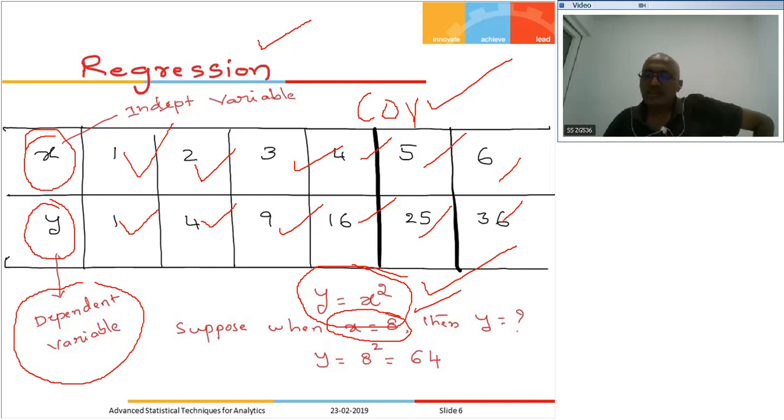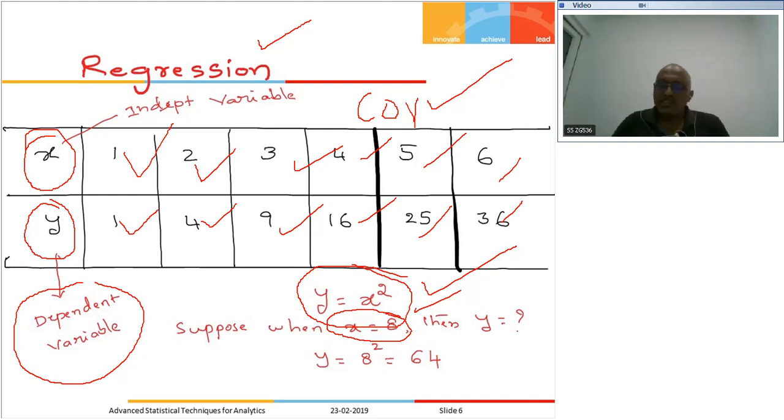Is there any difficulty in doing this? I think it seems very easy, right? Just try to establish a relation so that we can do estimations, predictions, etc. Are you able to see any difficulty in using this concept?